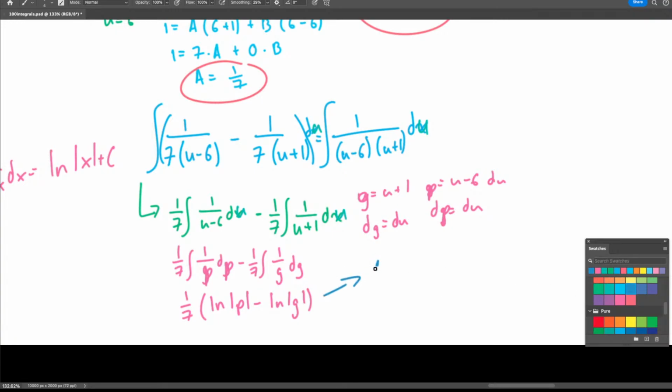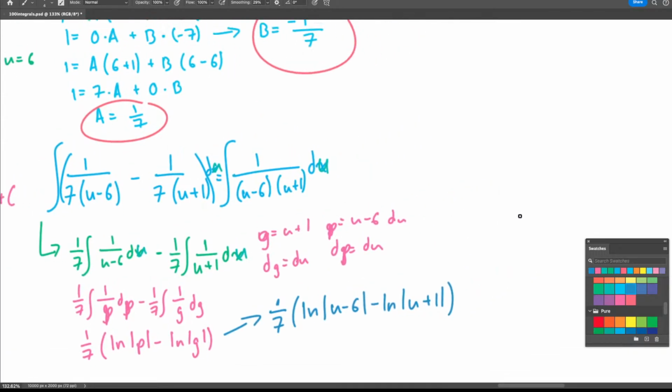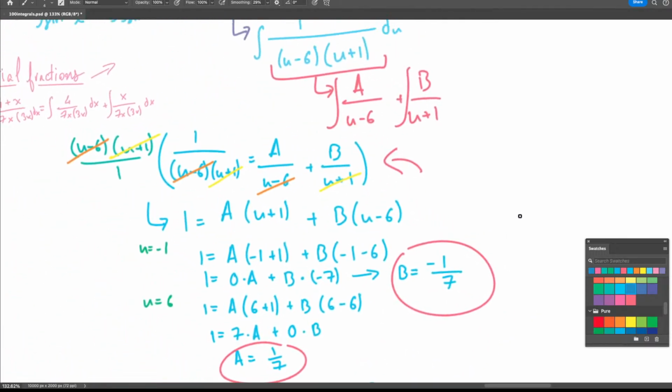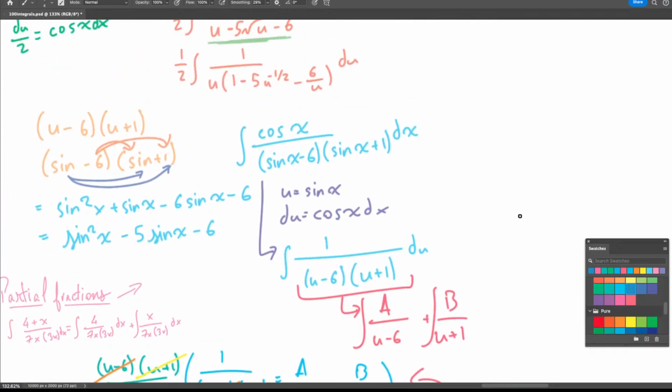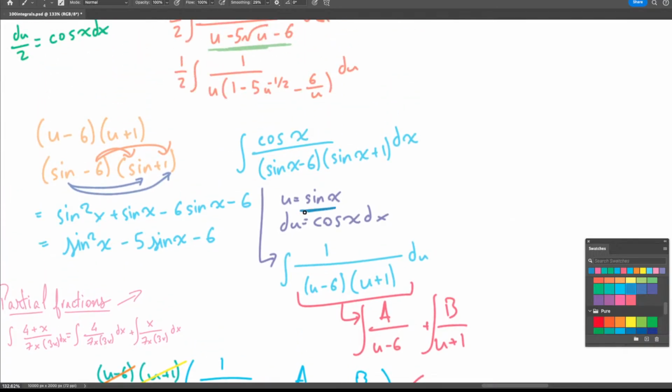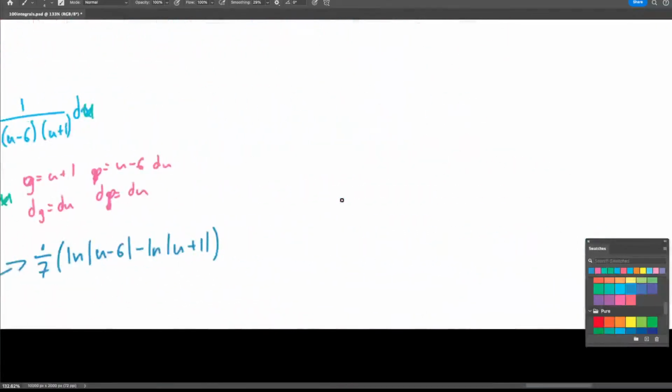We get 1/7 times ln of (u minus 6) minus ln (u plus 1). Then we go back up here, and remember that we actually substituted u for sine x.